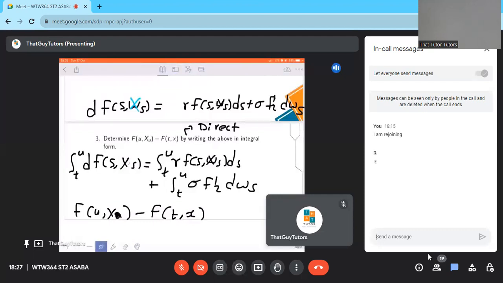And then you can just leave the left hand side as it is. So ft u r f s x of s ds plus integral from t to u f prime of 2 t x of s d to ws.